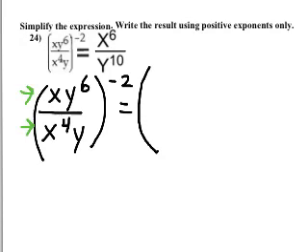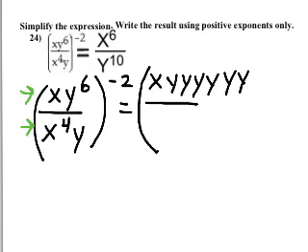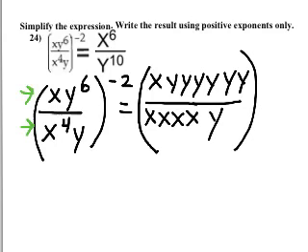We have above the fraction bar x, and then we have six y's times themselves: 1, 2, 3, 4, 5, 6. And in the denominator we have 4 x's times themselves and 1 y. And of course that's the negative 2.